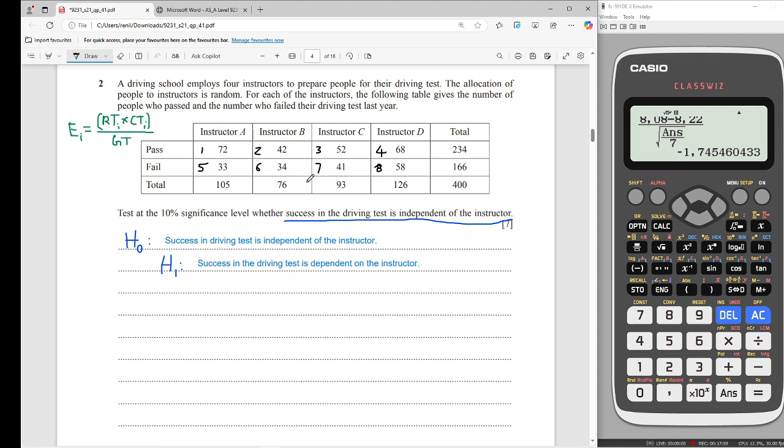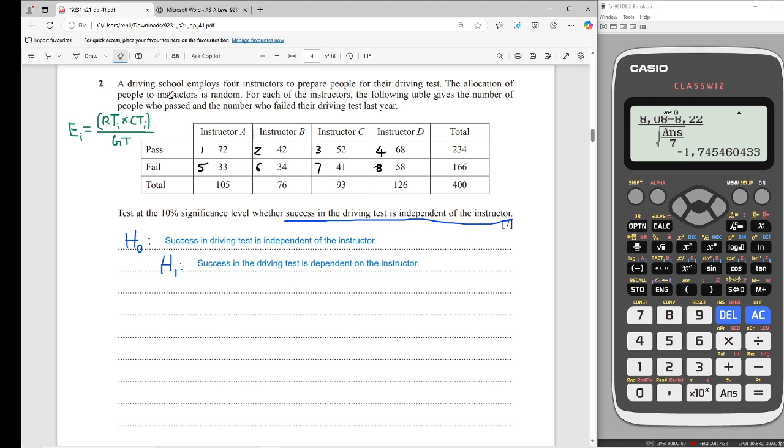These are the 8 observed values. Remember, the totals don't count as observed values. So when I say O7, it means I'm looking at the observed value of the 7th cell, which is 41. When I say O1, it means 72. O5 is 33, and I think you get the concept.